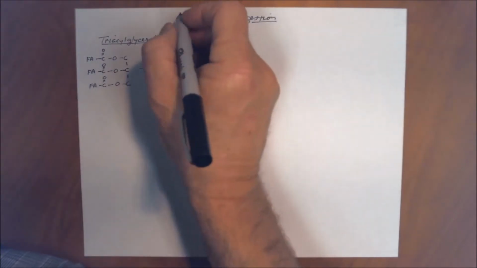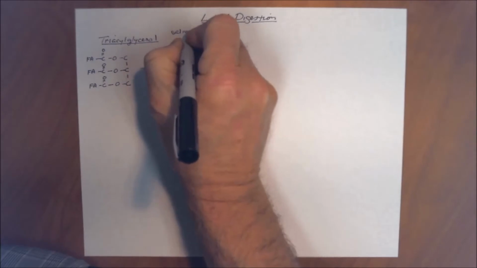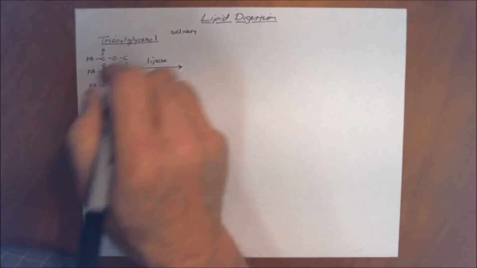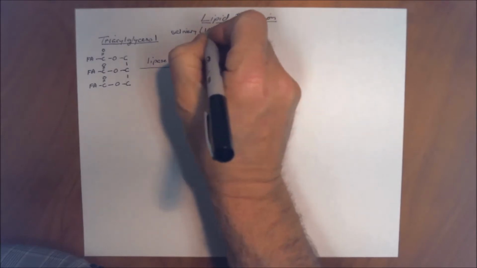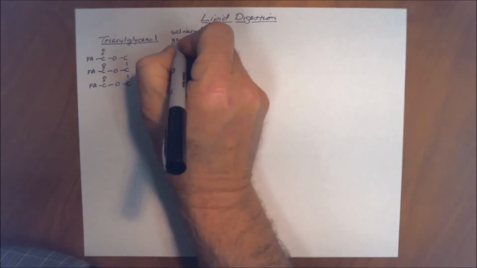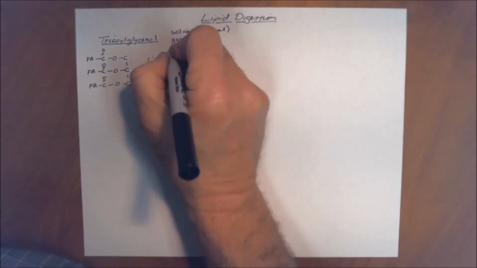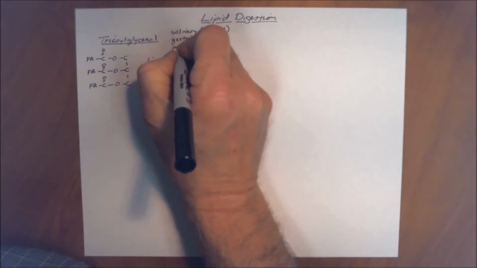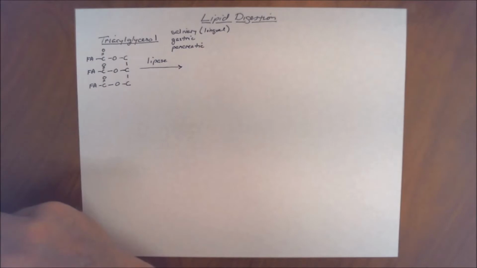We have 3 types of lipases. Salivary lipase, which is also termed lingual. We have gastric lipase, and our major one is pancreatic lipase.